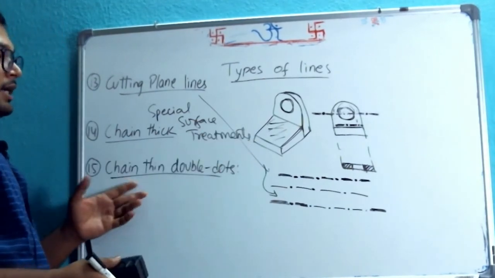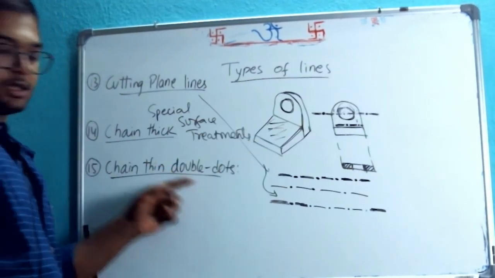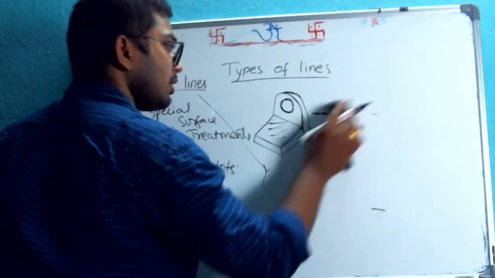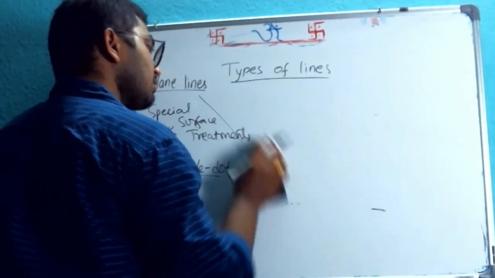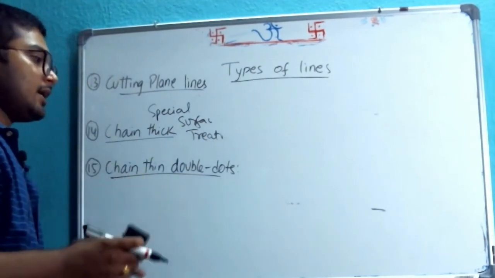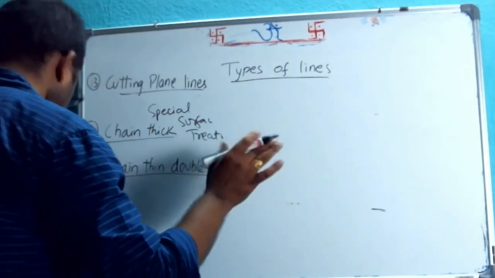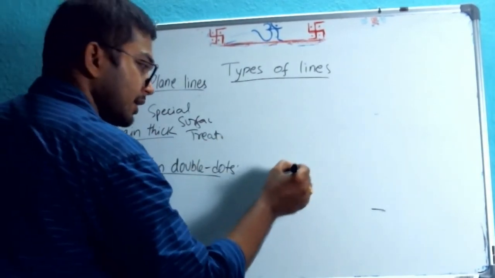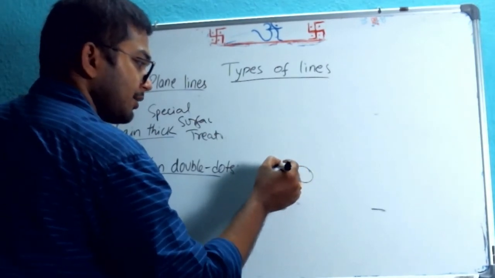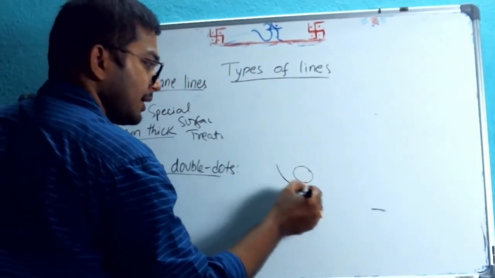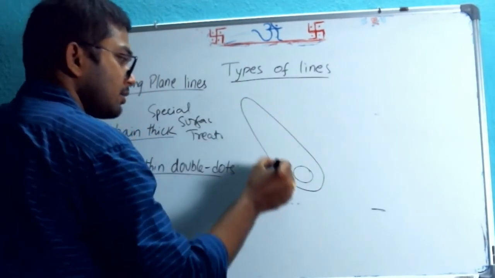Now chain thin double dots. What does that mean? What is it used for? Chain thin double dots are used for, say for suppose, I have certain component and it is actually a connecting rod.